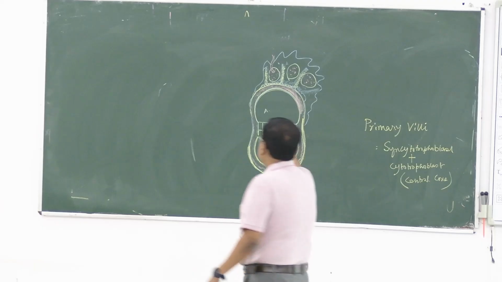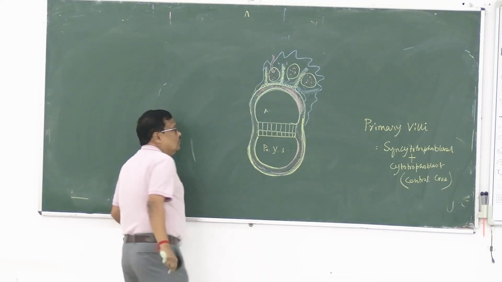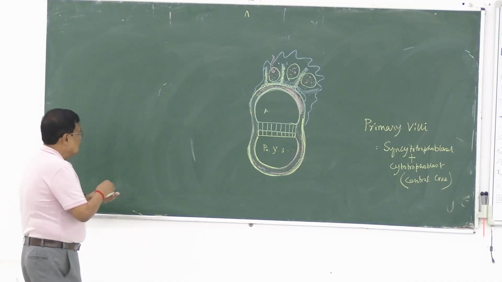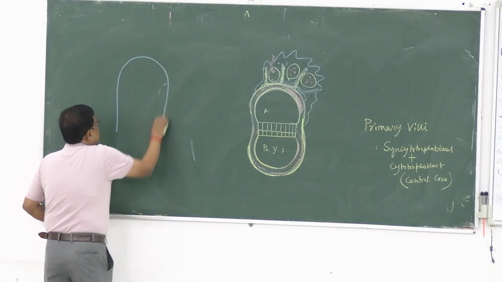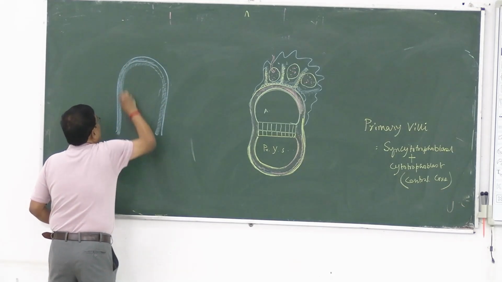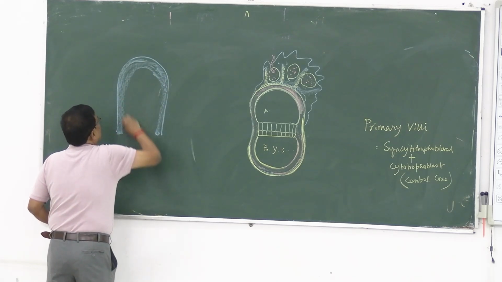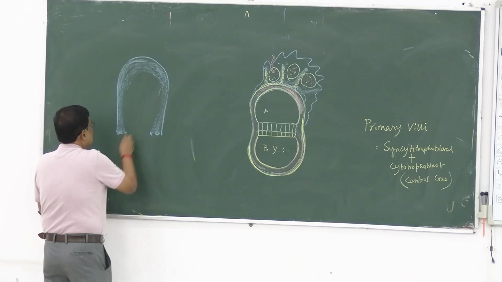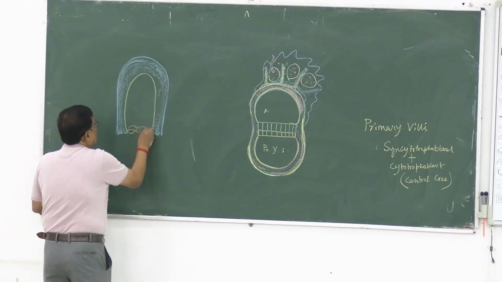If we enlarge the primary villi with a magnifying view, outside we see the syncytotrophoblast. This is the syncytotrophoblast. In between, there is a cytotrophoblast core.